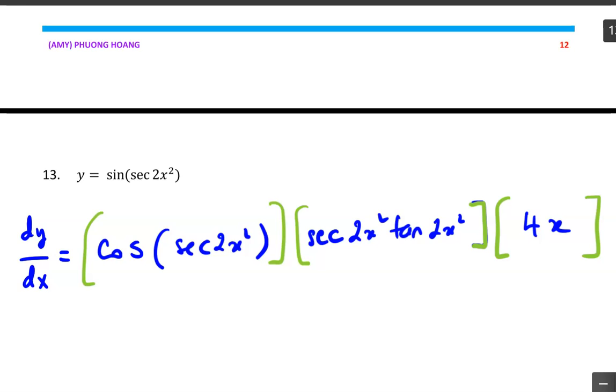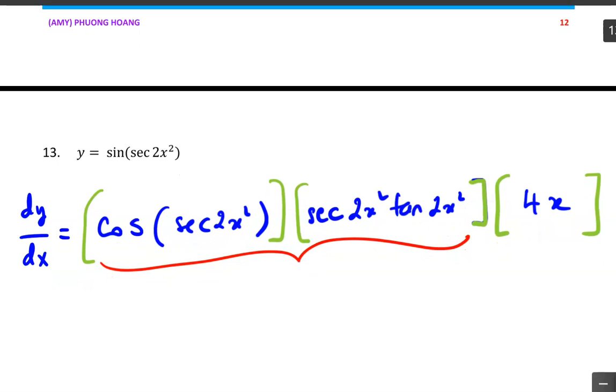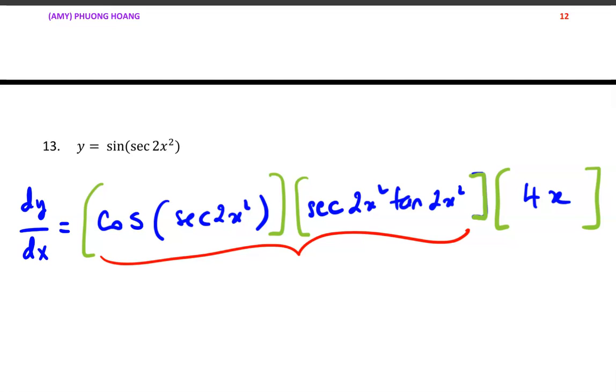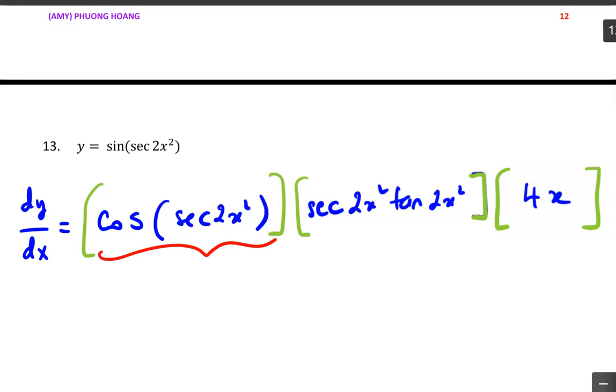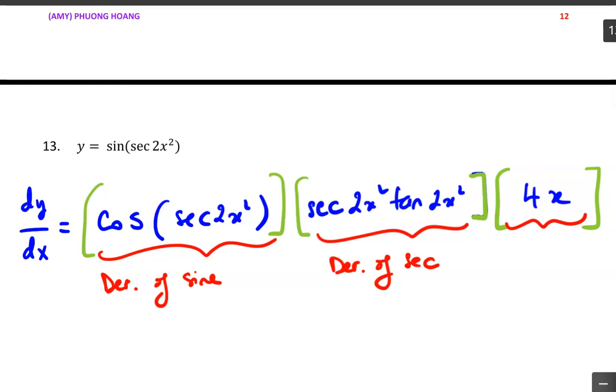So I will make a note here. This is the derivative of sine. Then this is the derivative of secant, and this is the derivative of 2x squared.